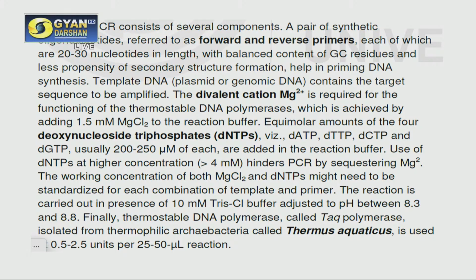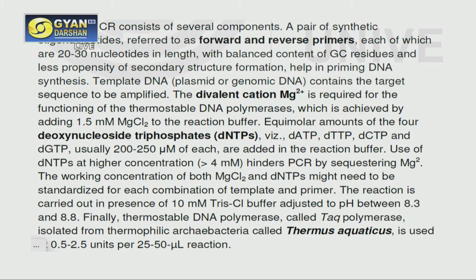So these are the major components, and the working concentration of the dNTPs, mind that they should not exceed greater than 4 millimolar, because otherwise they might hinder the polymerase chain reaction because they will sequester the magnesium ions.